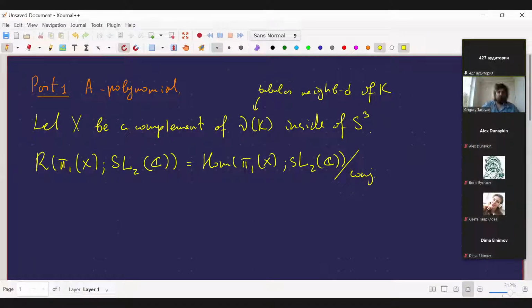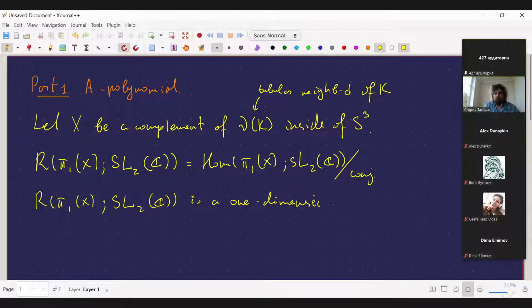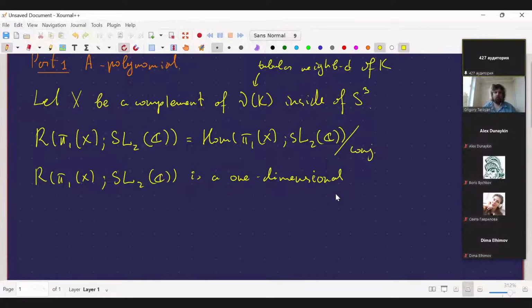It is a certain theorem that R_{P1 X} SL2C is a one-dimensional variety. Let me briefly sketch the idea behind this theorem.